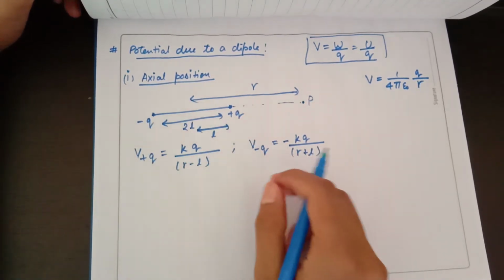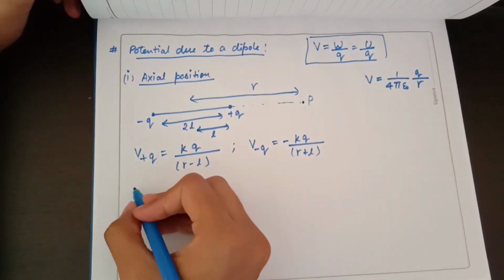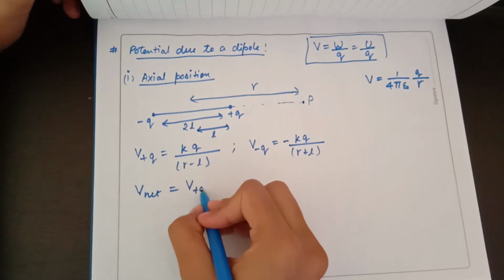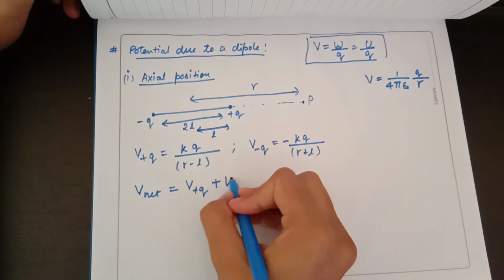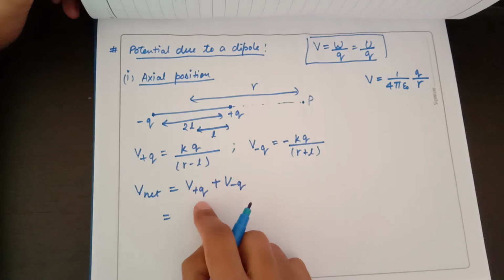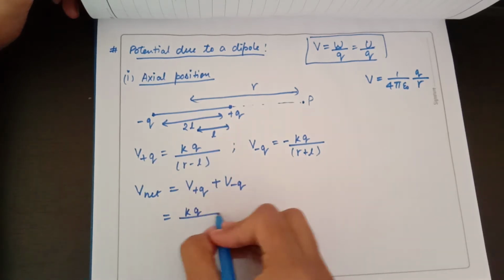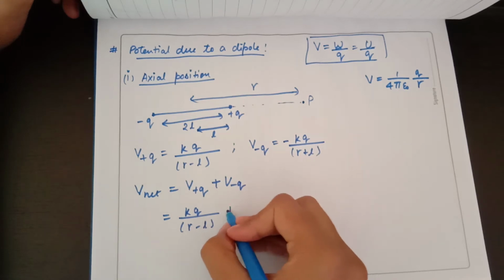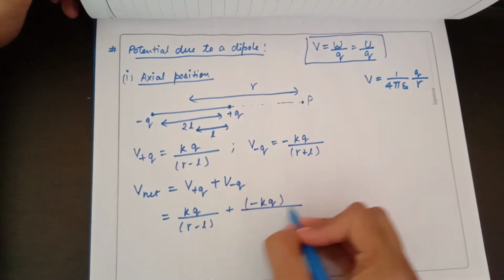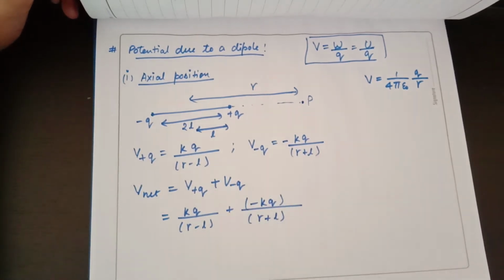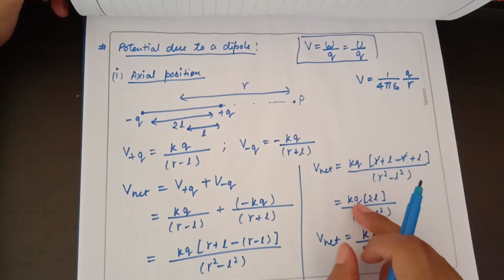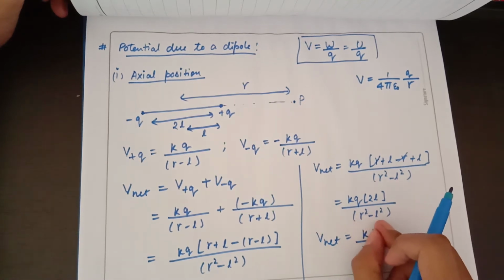As you know, potential is a scalar quantity, so V net will be just the sum of these two, V plus Q plus V minus Q. In the place of V plus Q we will write KQ divided by R minus L, and in the place of V minus Q I will write minus KQ divided by R plus L. So after the calculation I get V net as KQ 2L divided by R square minus L square.